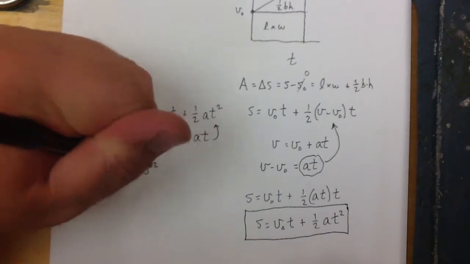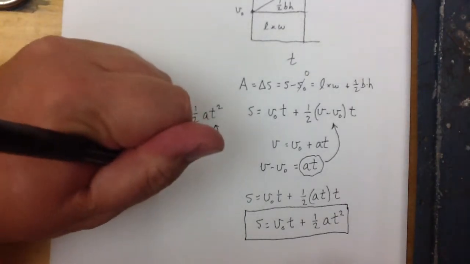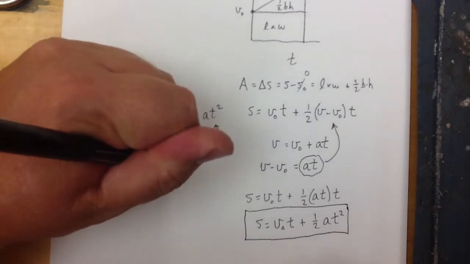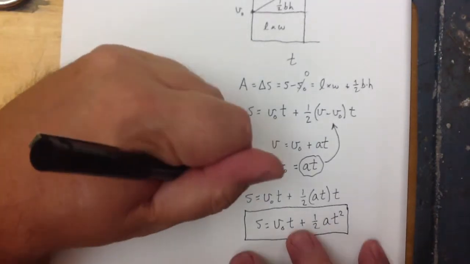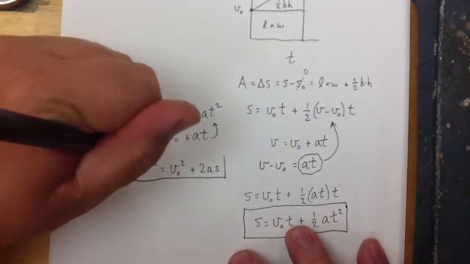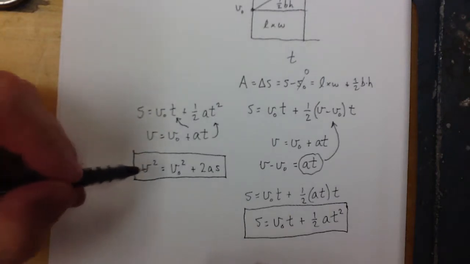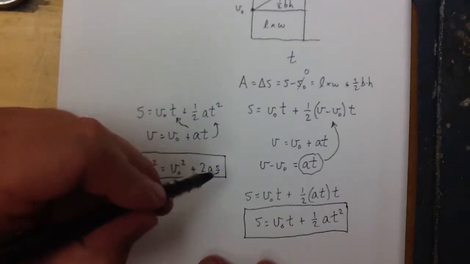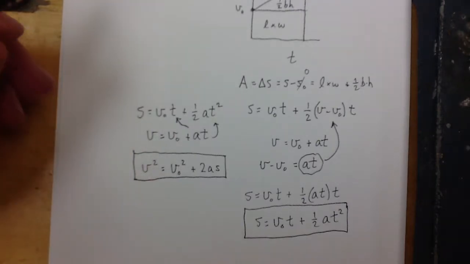The result is similar to the one we developed in the third column, which is V squared equals V0 squared plus 2AS. This is the equation we use if we don't have a time involved in the problem, but rather we can use distance and the initial velocity to find a velocity at a later time.